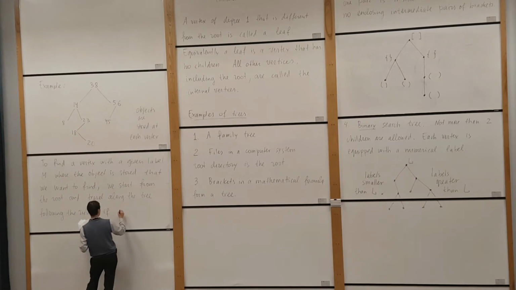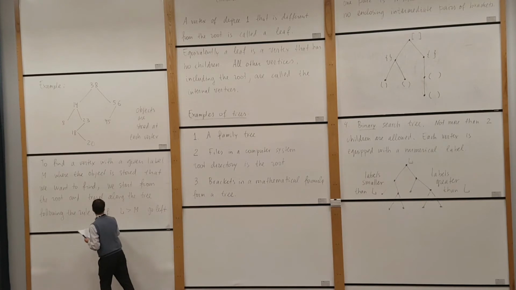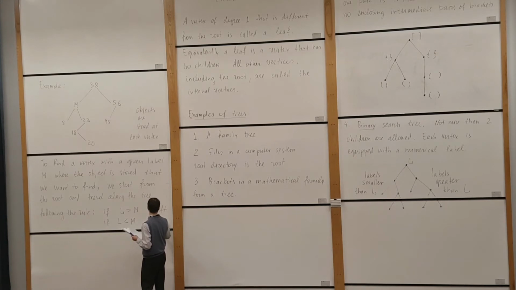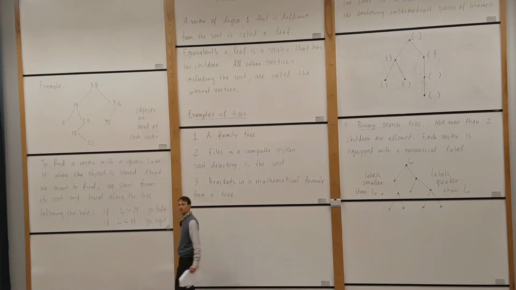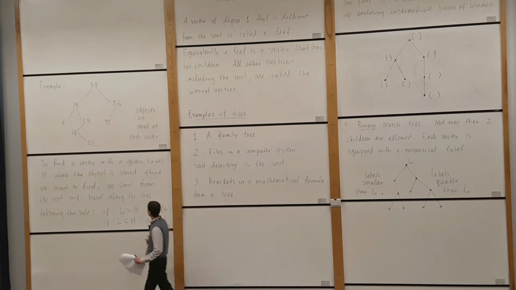If the label of the vertex L is greater than M, then go left. And then if L is smaller than M, then go right. Well, if the object is sitting somewhere in the tree, you will find it, eventually you will get it.